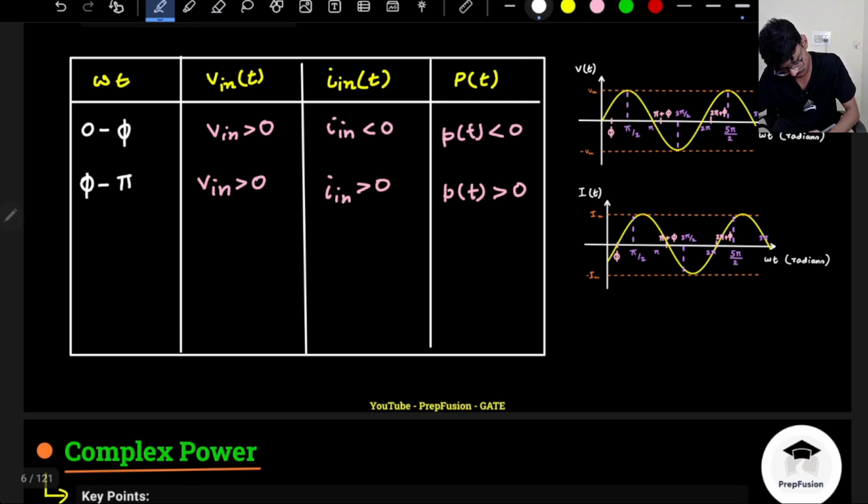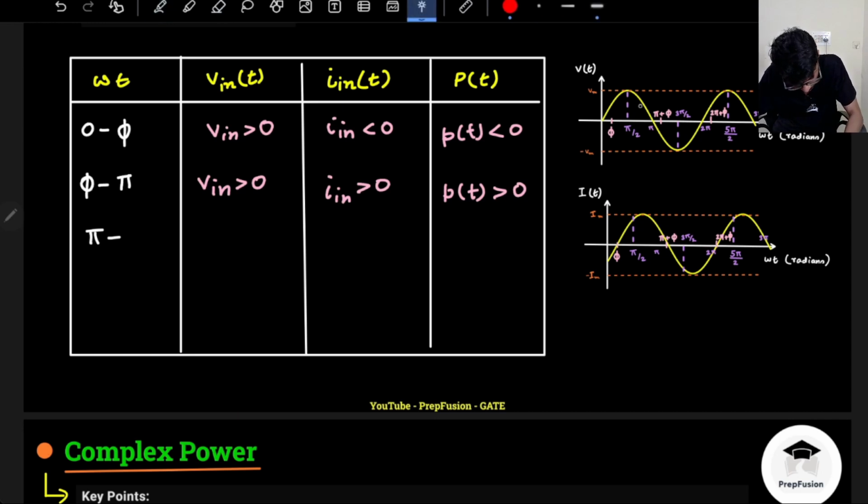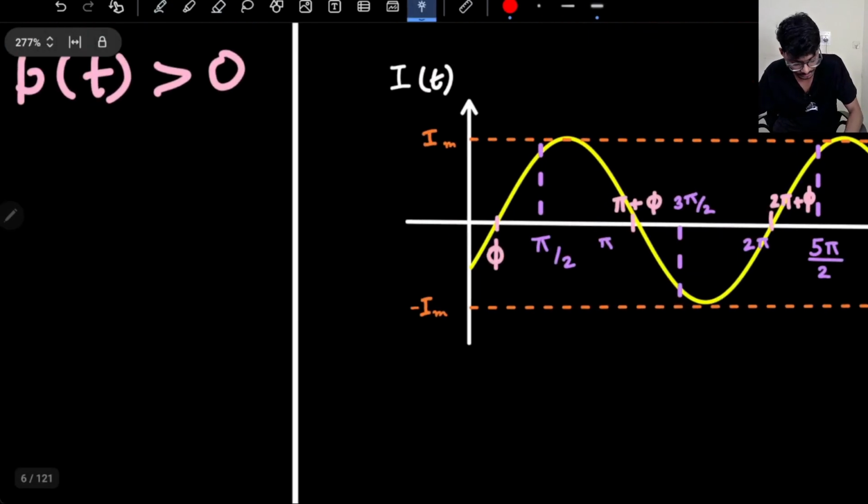Okay. Then from pi to pi plus phi, because I have shifted everything to the right by phi.